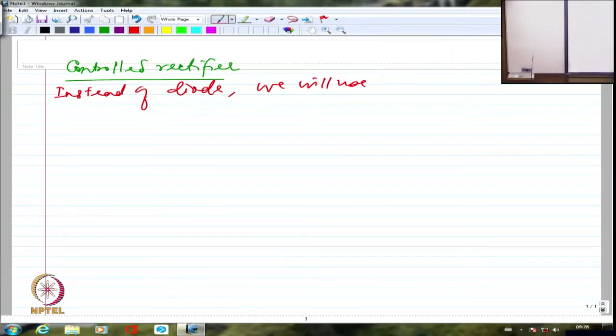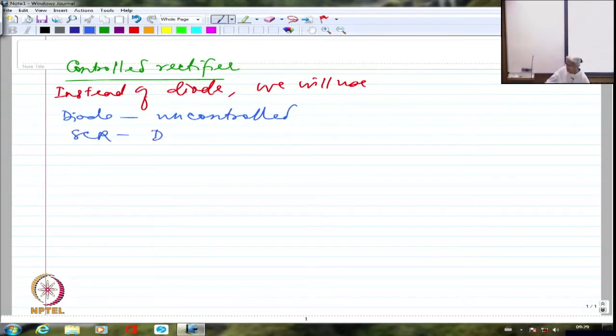Right? And a diode will conduct whenever it is forward biased. There is no control over its conduction duration. So I would say that diodes are uncontrolled devices, whereas with an SCR you would be able to decide or determine the instant at which conduction starts.